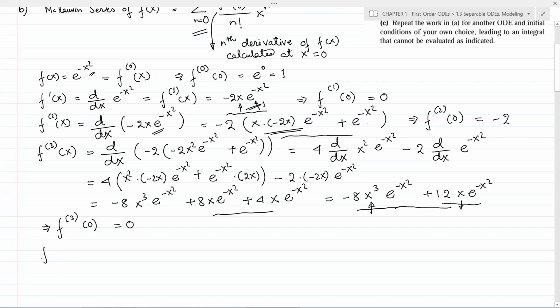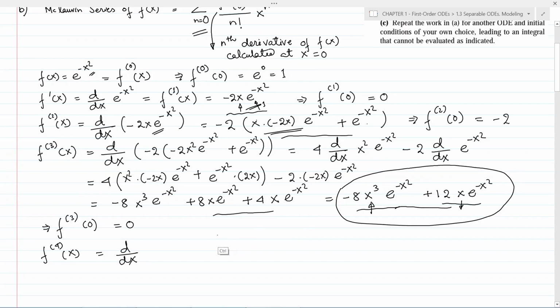Now we can find f4x equal to derivative of this term, because it is the third derivative of f of x with respect to x.